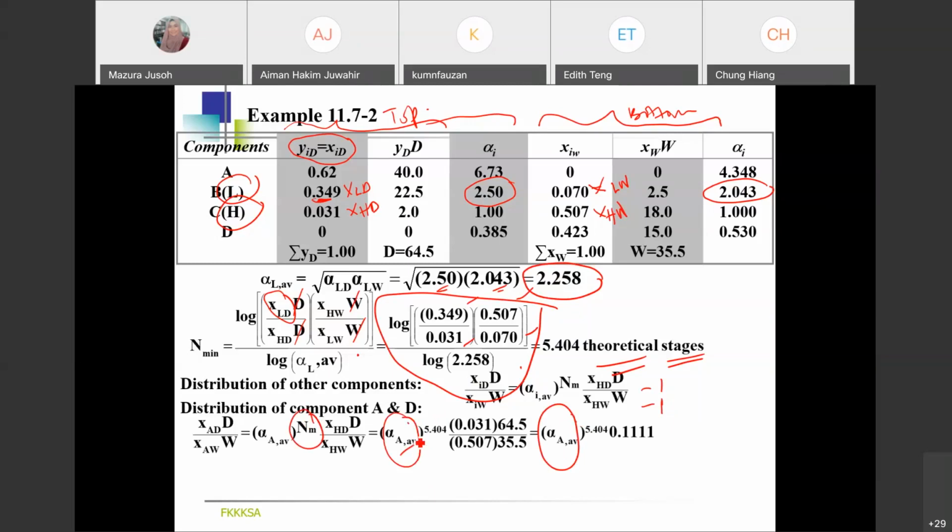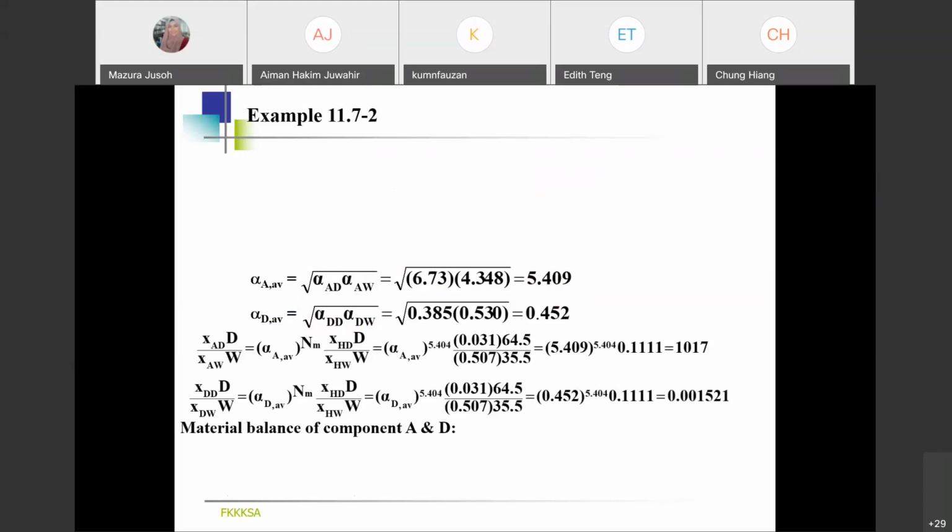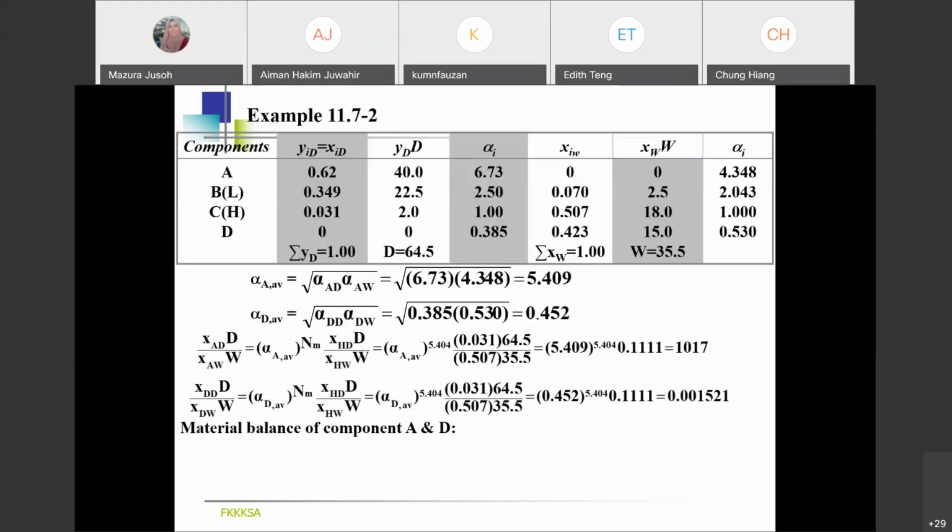You will take the value in the distillate as well as in the bottom product, and you will be calculating them for all of the components. And finally you will get all the compositions for each.